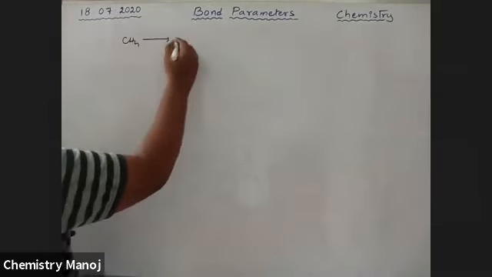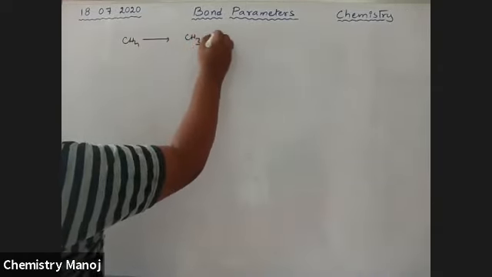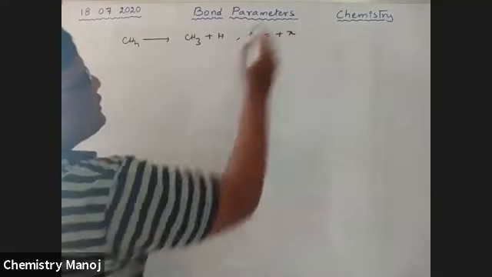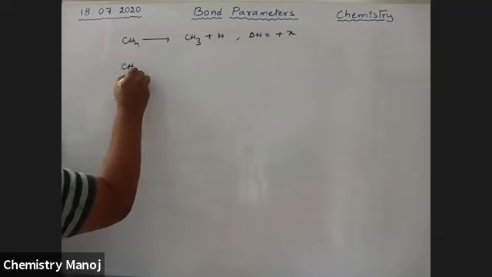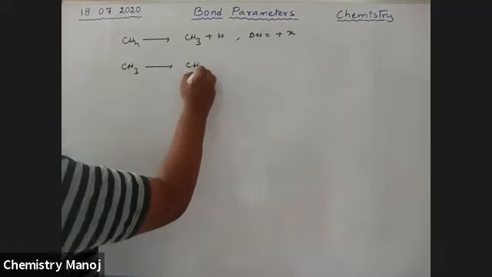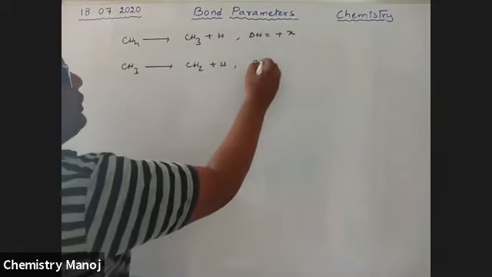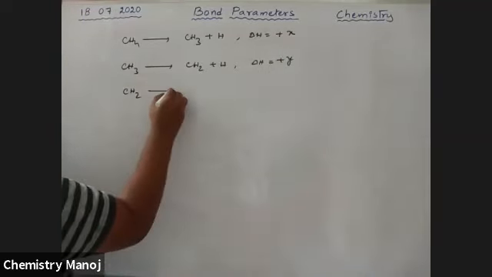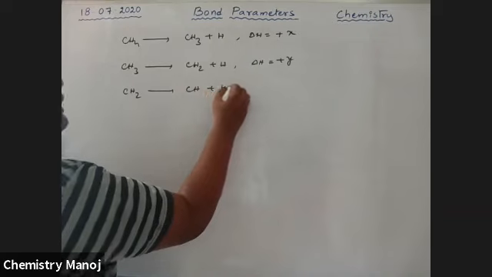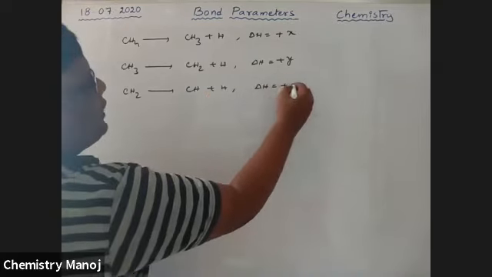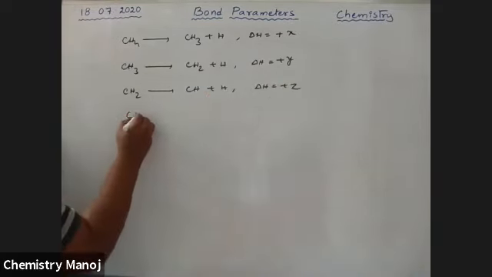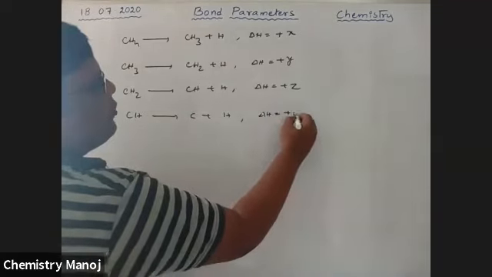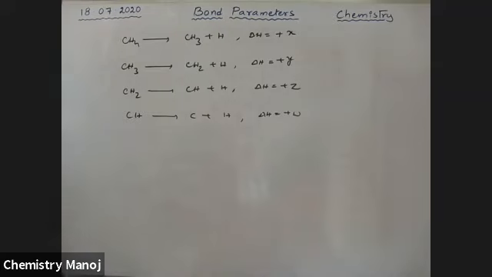CH4 converts into CH3 plus H. So delta H for this one is plus X. Now CH3 converts into CH2 plus H, for this purpose plus Y. CH2 then changes to CH plus H, delta H is equal to plus Z. Now CH gives C plus H, delta H is equal to plus W. These are the total 4 steps there.